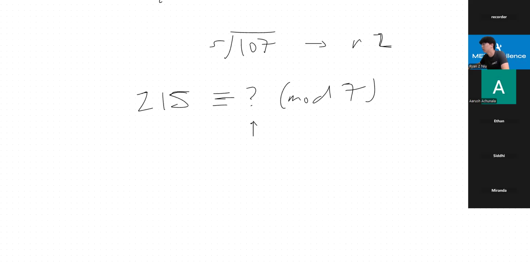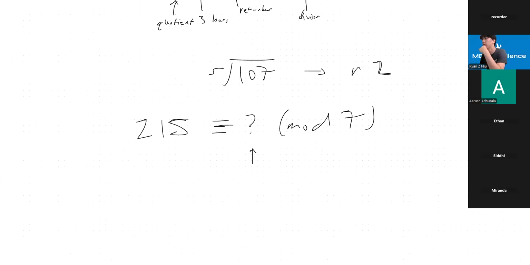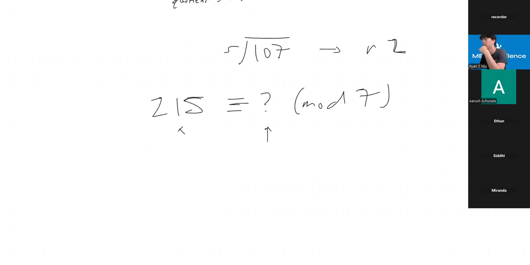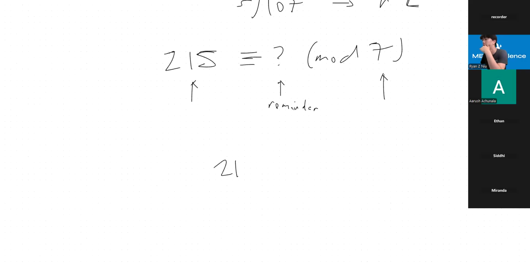Okay, so it's been a few minutes. Let's go over this real quickly. Remember, this is the number that we're dividing by, this is our remainder, and this is what we're dividing by. So really, all we're doing is finding the remainder when 215 is divided by 7.